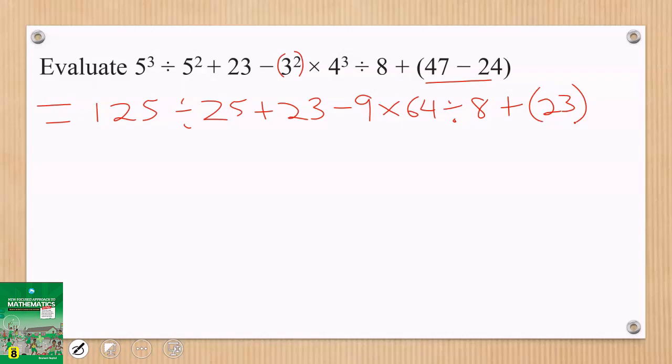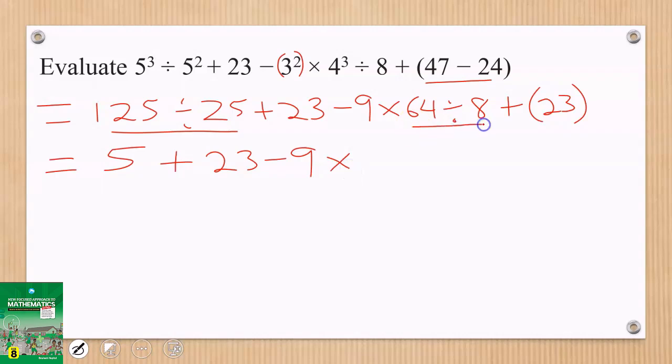So we go to division. So first division we have is this one. 125 divided by 25 will just give us 5, and then plus 23 minus 9. Don't do the minus. Now we have times 64 divided by 8. That also can be done.